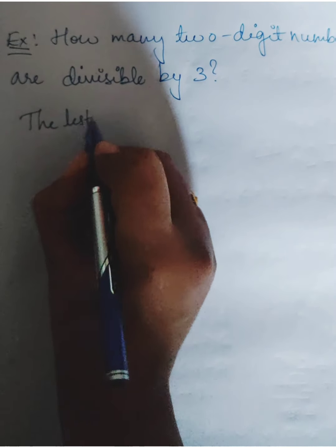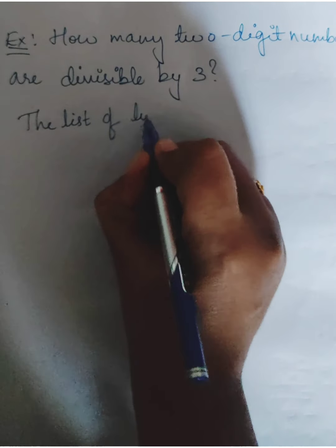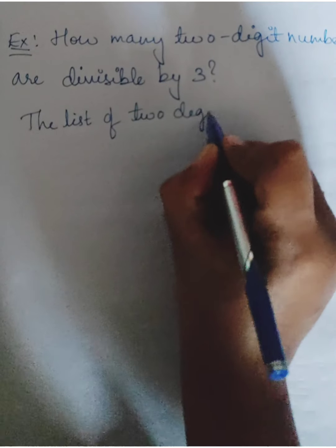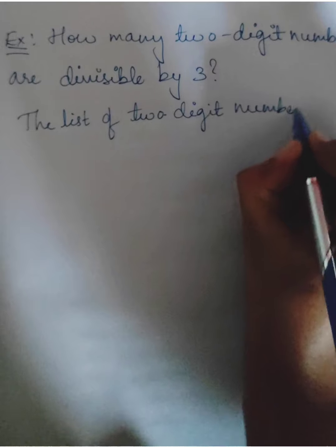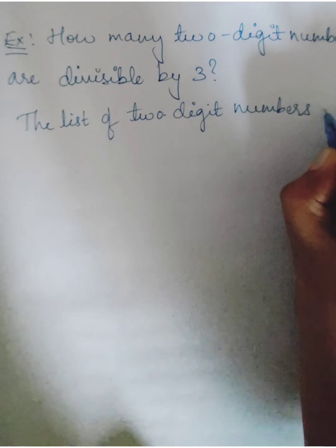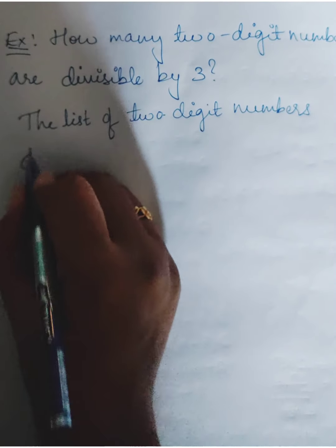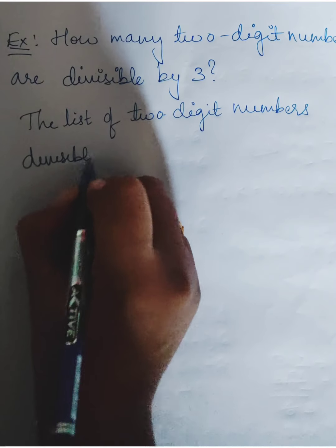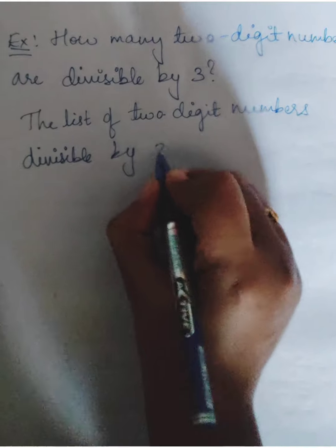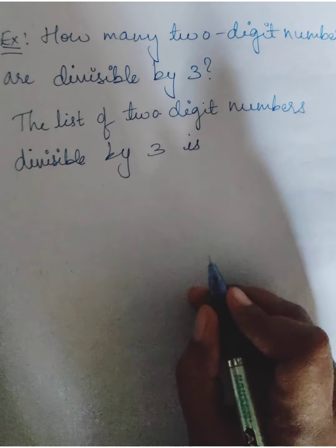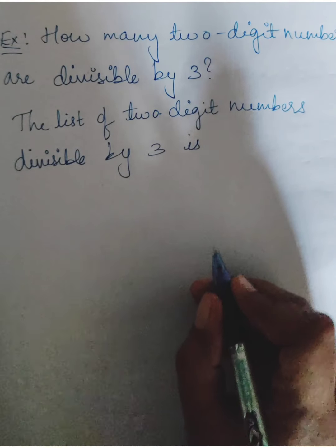The list of 2-digit numbers divisible by 3 is, okay, so what you are going to take?